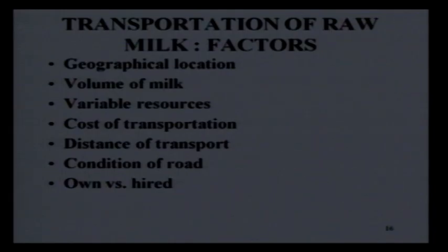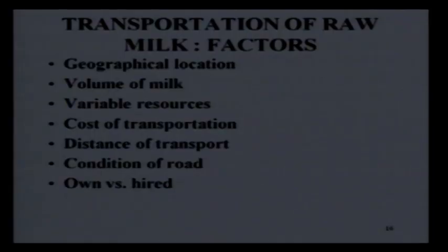Then the volume of milk should be taken into account, because the larger the quantity, the cost will come down, as we know. Then the variable resources, meaning the local conditions, whether the milk will go to the dairy in what form, and whether we have a good network. So these resources at the local level, how we operate, are to be taken into account.